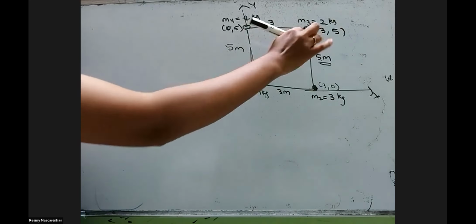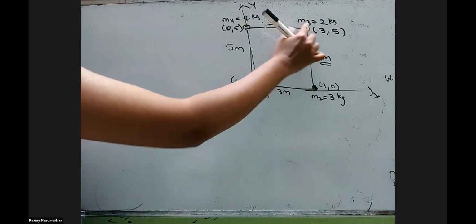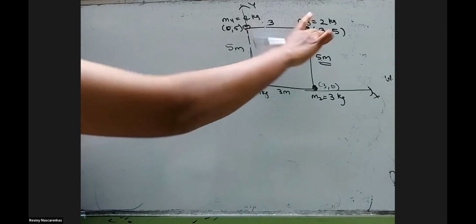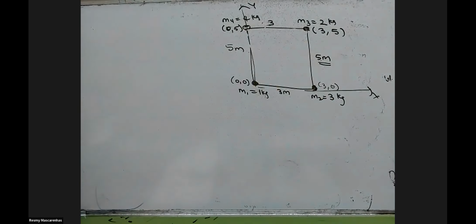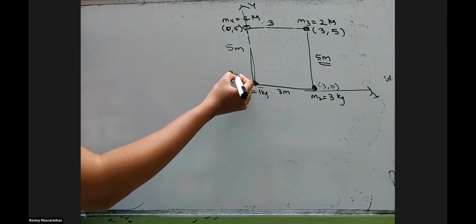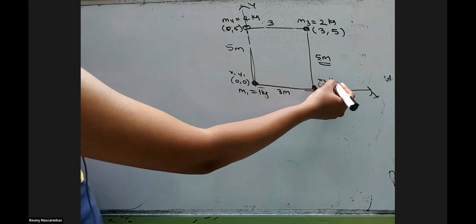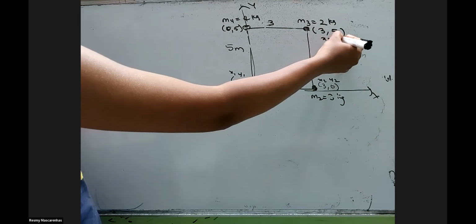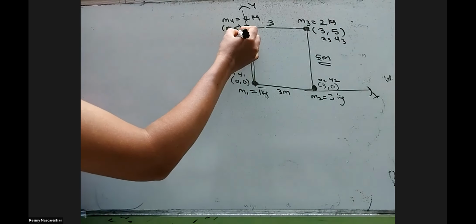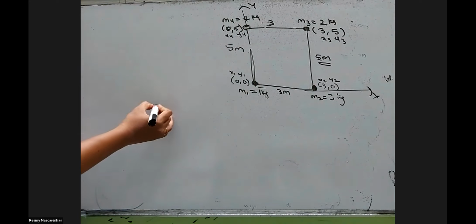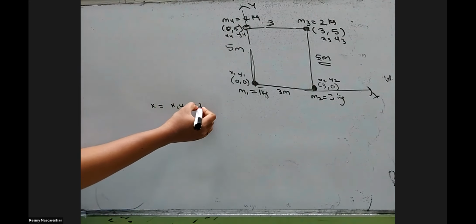X distance is 3 of this point from the origin, and y distance is 5. Now you apply the formula. This is x1, y1. X will be x1, y1, x2, y2.